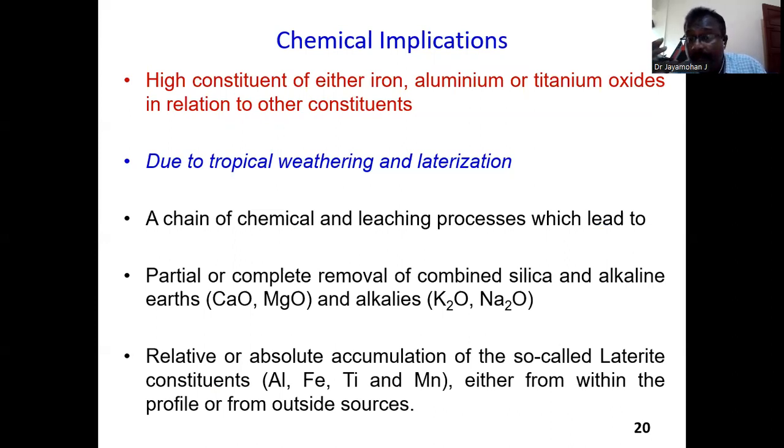Basically, due to tropical weathering and the process of laterization, a chain of chemical and leaching processes occurs, which will cause two things: partial or complete removal of silica and alkalis, and accumulation of aluminum, ferrous, titanium, and manganese oxides.